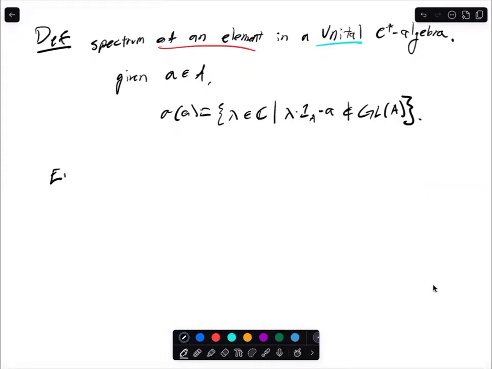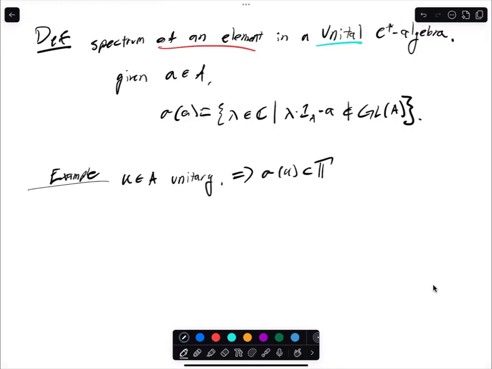So example. Of course, more details can be found in the notes that have been provided as well. If U in this unital C-star algebra is a unitary, that implies that the spectrum of U is exactly confined to the unit circle. So we can sketch this real quick.